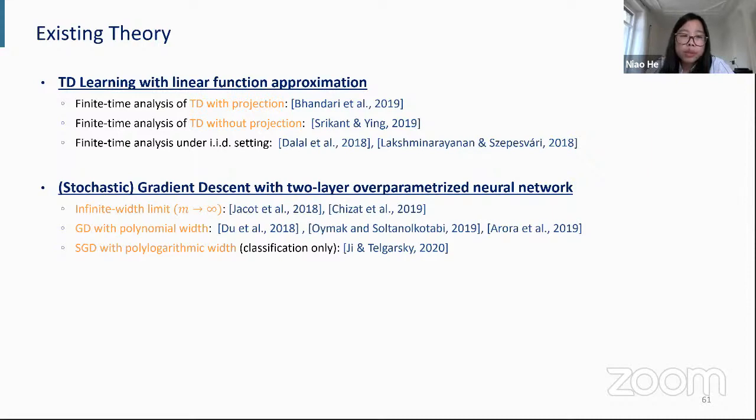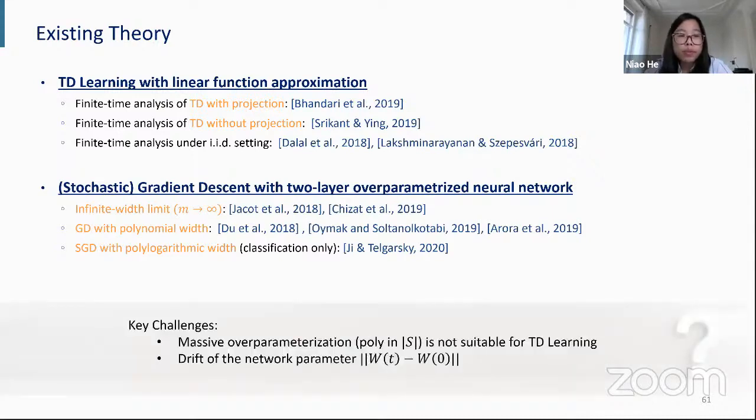And it would be interesting to see how this can be generalized to understanding TD learning, or the TD learning dynamics, which is significantly different from gradient descent dynamics in several aspects.